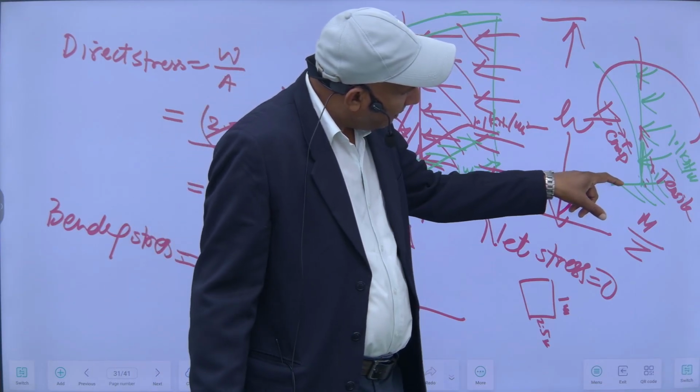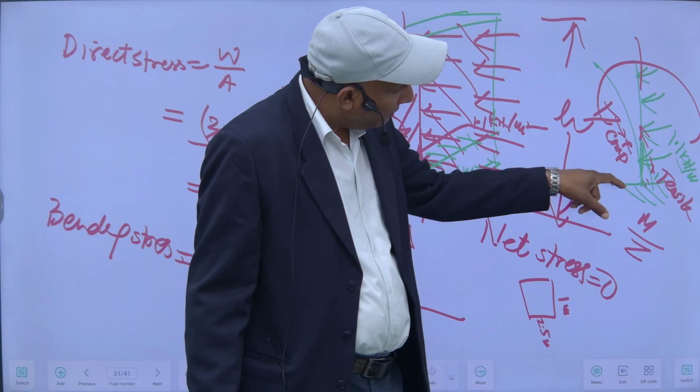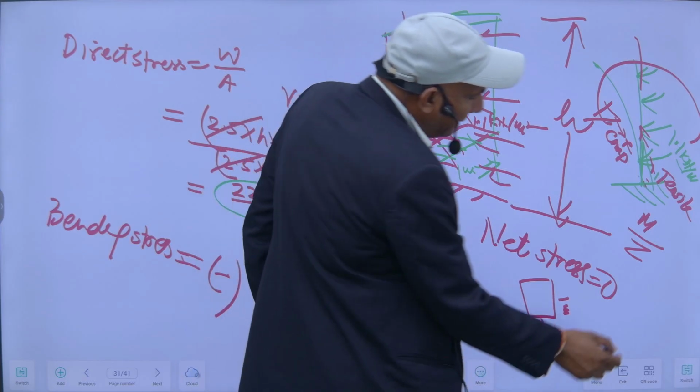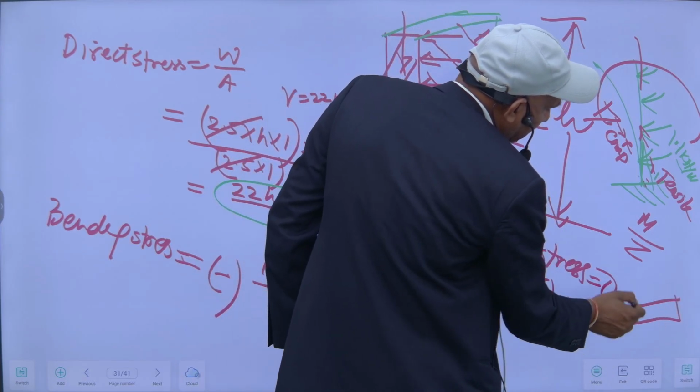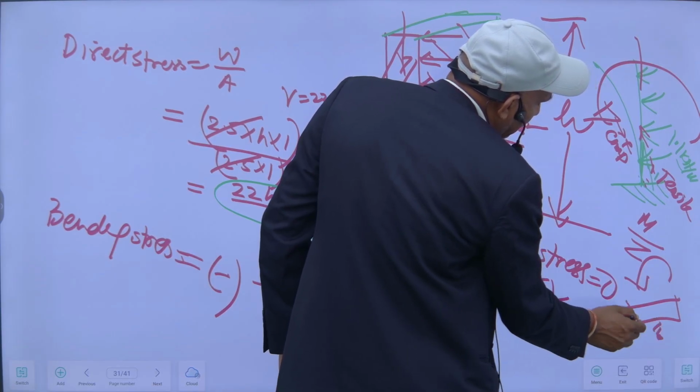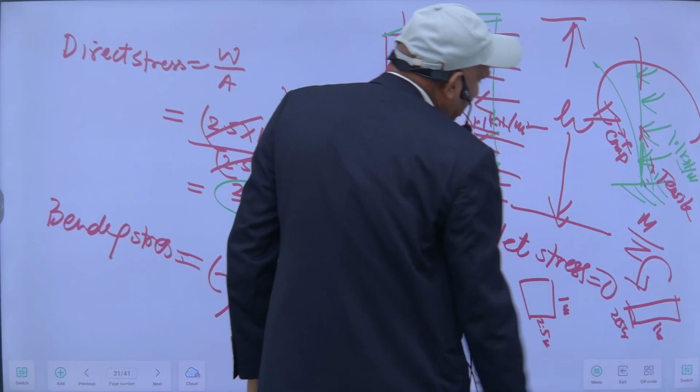So in this case my B will be 1 meter and the depth is 2.5 meter.